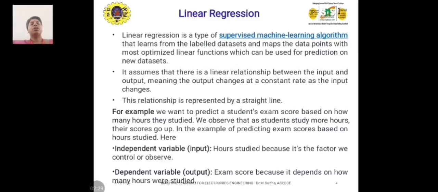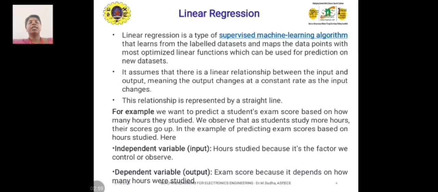Here we have a good example. We want to predict a student's exam score based on how many hours they studied. We observe that as a student studies more hours, their score goes up. This is a simple example; in reality the student's performance may vary, but for assumption we consider this example.